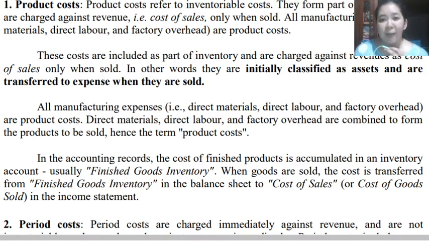So in a manufacturing firm, usually we have three types of inventory. The first is your raw materials inventory. The second inventory is work in process inventory. These are the items which were already started in production but not yet finished at the end of the accounting period.